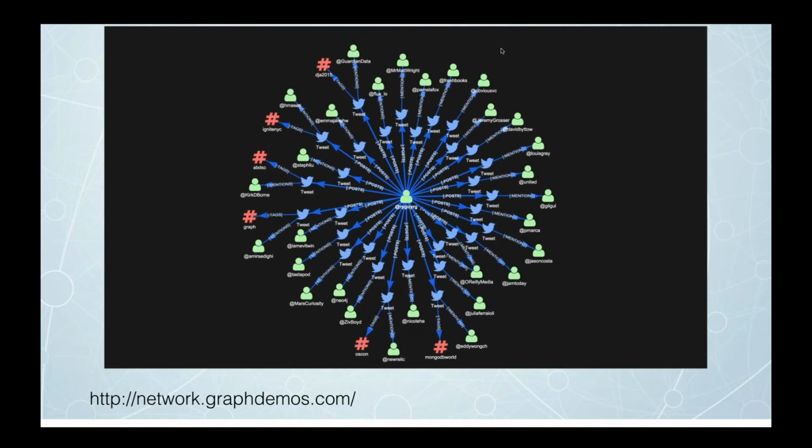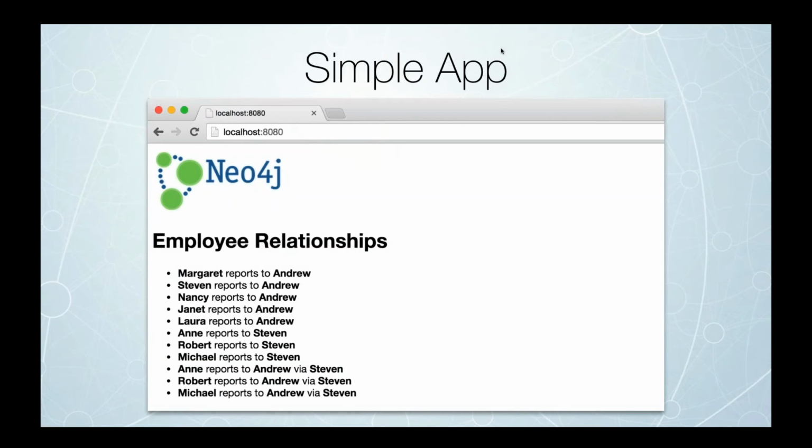Visualization is often an important piece of this. There's an application running on network.graphdemos.com that allows you to pull in your own Twitter data in real time, use that in Neo4j. This is an example of visualizing some of that data from my colleague Ryan's Twitter feed. So visualization is often a key component of it, but we can also use Neo4j to power more traditional types of applications.